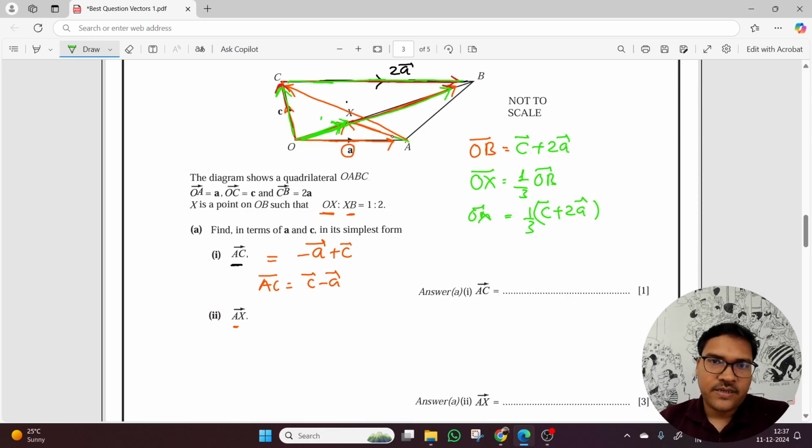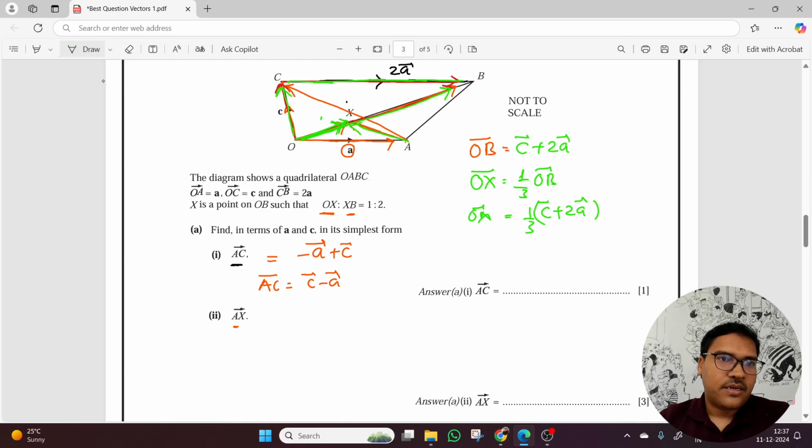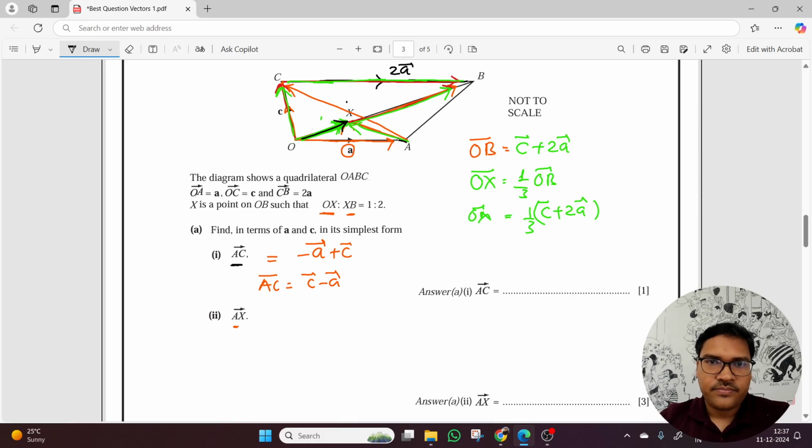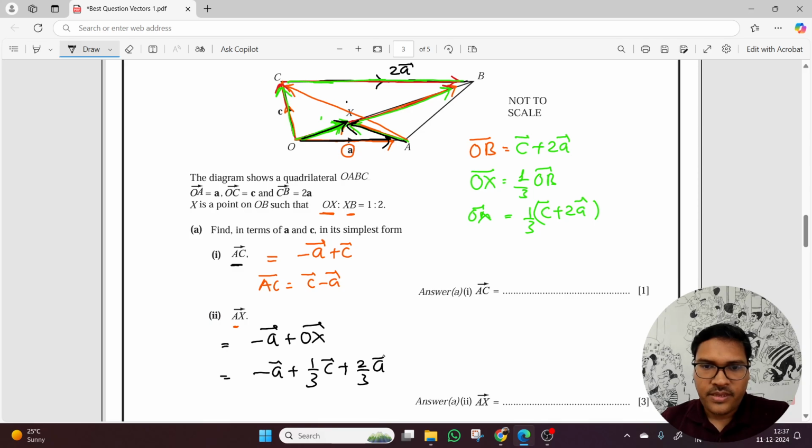Now this is OX vector. How will you get AX vector? So now you can use this triangle, and see, this is our AX vector. Let's write AX vector. This is equal to going from A to O, which is minus A, plus O to X, that is OX vector. What is OX? This is 1/3 C vector plus 2/3 A vector.